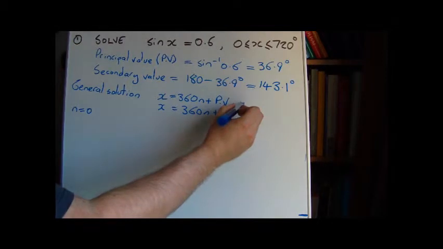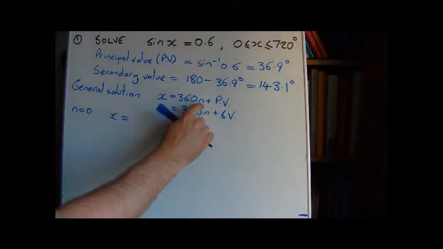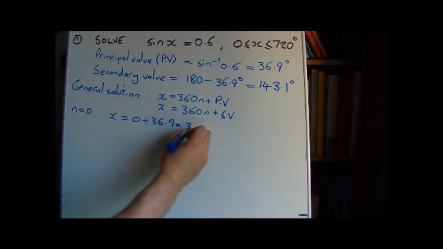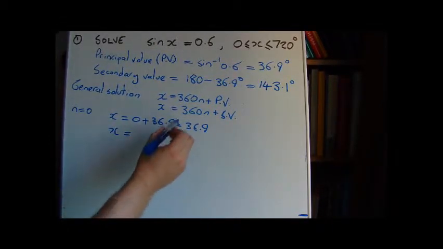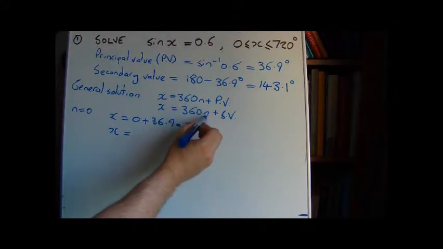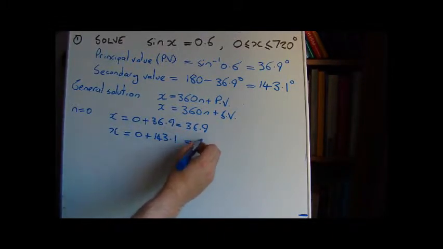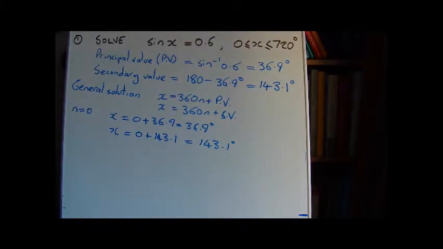So if we do the first one, we're going to get x equals 360 times 0 plus the principal value. So it will be 0 plus 36.9. So that's just going to give us 36.9. If we do the same with the secondary value, we're going to get 360 times 0 plus SV, so 0 plus 143.1. So the first two solutions we've obtained are just the principal and secondary values. If we keep going, we now do n equals 1. N is always an integer.